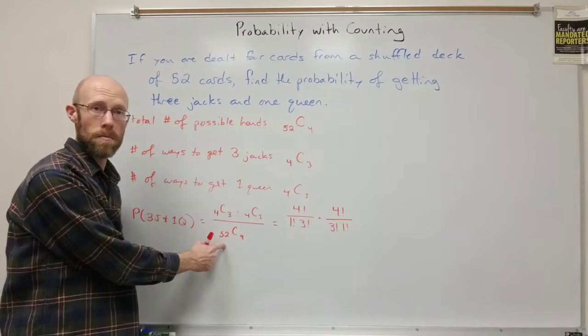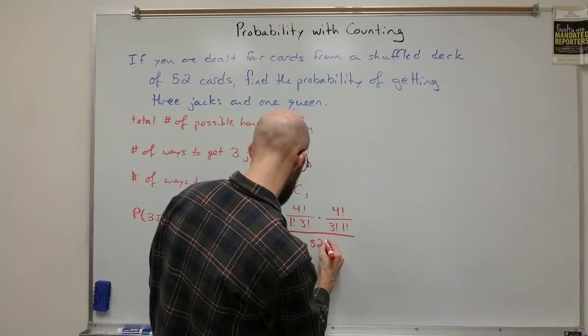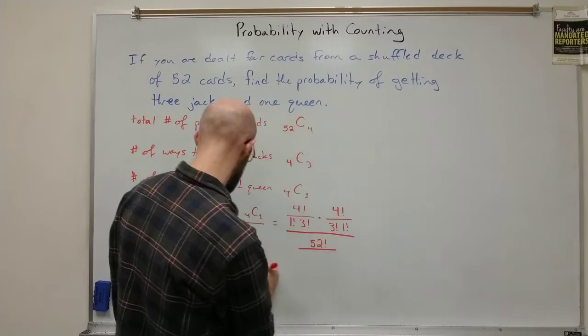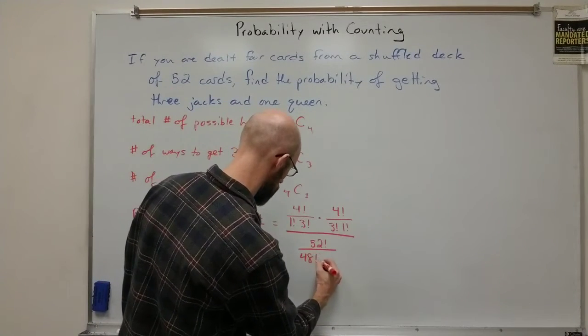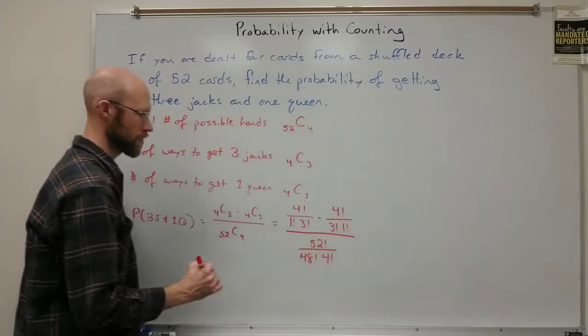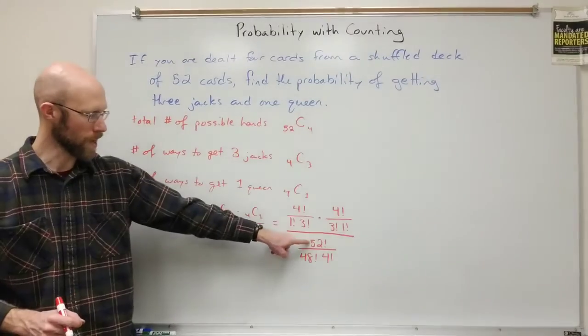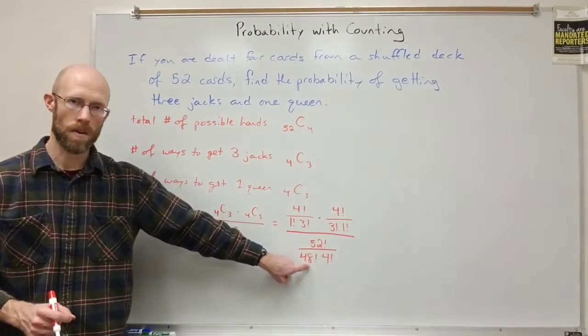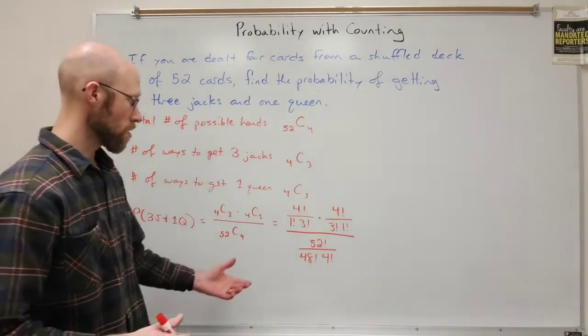And then on the bottom here, we're going to have 52 factorial over the difference, which is 48 factorial, times 4 factorial. Okay, so again, with the combinations, it's always n factorial, n minus r factorial, and r factorial. And then we just calculate all those things.